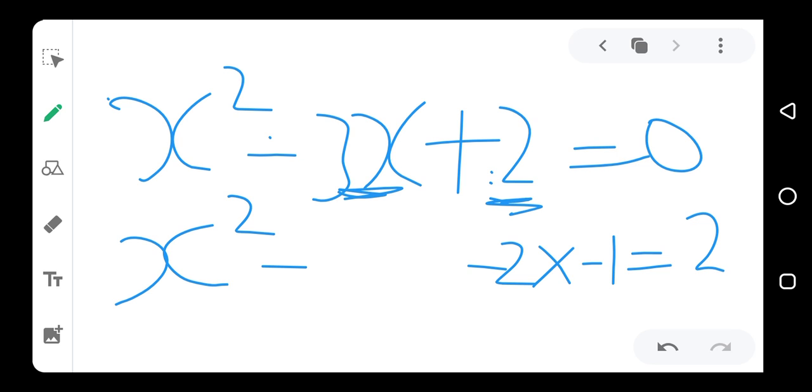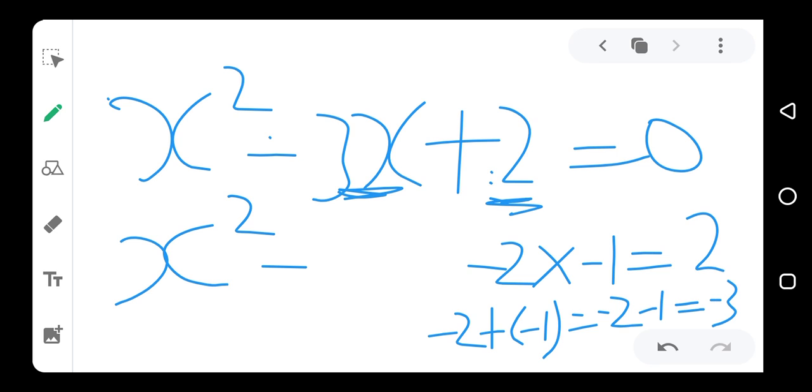Now when we add the two of them, minus 2 plus minus 1 is equal to minus 2 minus 1, and this gives us minus 3. So minus 2 and minus 1 are the correct factors.